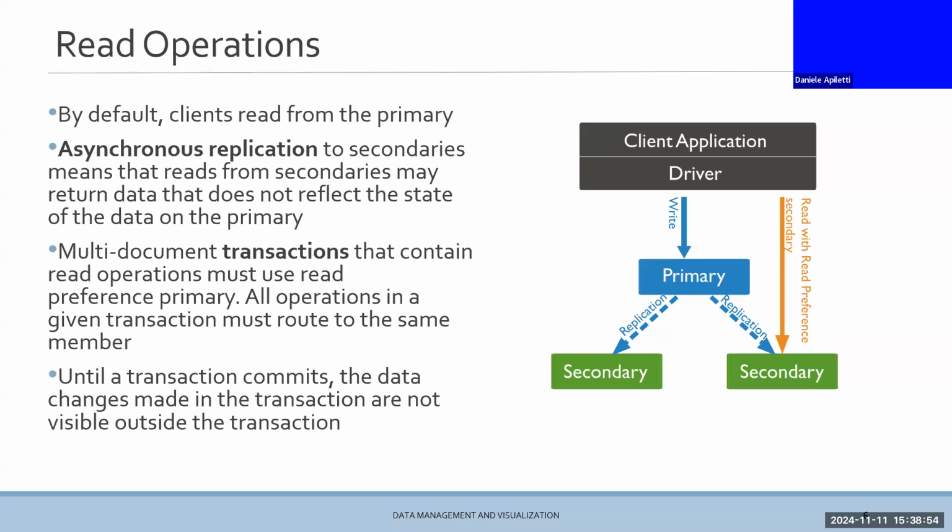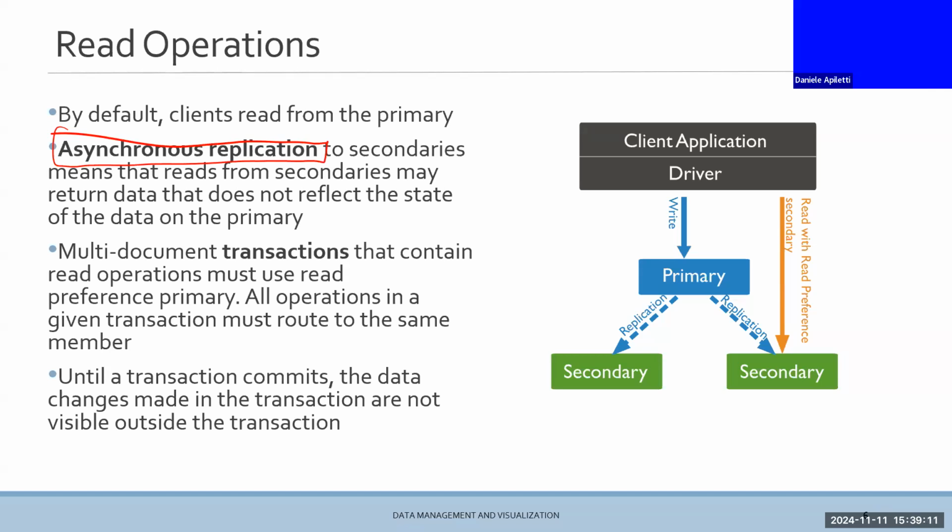Yeah, regarding the default operations, there are 2 implications here. First, the default is asynchronous replication, okay? That's the default behavior and it generates, of course, a lag, an inconsistency.